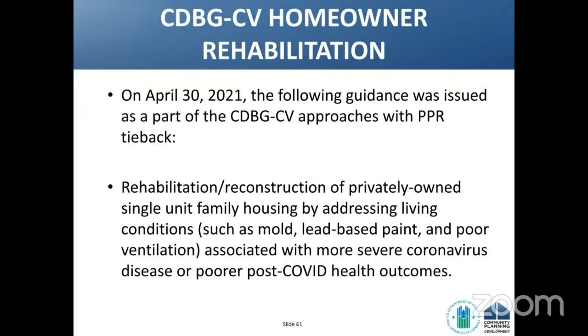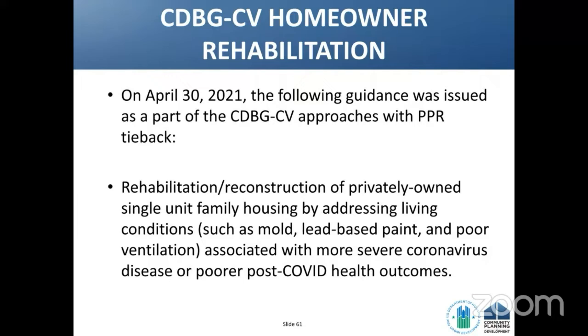You can do rehabilitation or reconstruction of privately owned homes, but it has to be by addressing living conditions, such as the ones identified here, that, if not addressed, will cause more severe COVID in those who may contract it, or poor health outcomes.